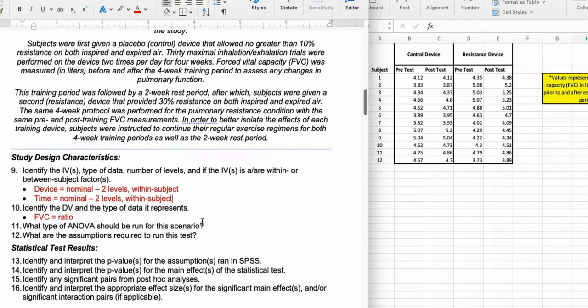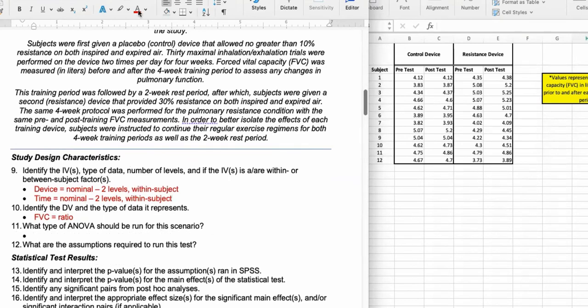Okay. So given that information, what type of test would we run? See a 1 vote for one-way repeated measures. Does anybody concur?